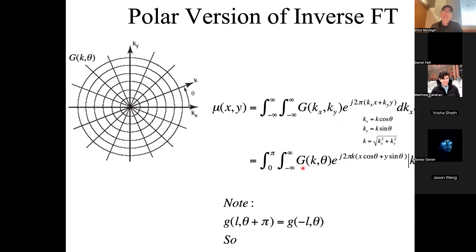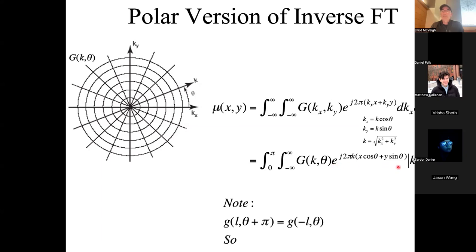So remember, g(l, theta) just gave us these lines across here. And so these are, for a specific theta, you just let k get bigger and it takes you up a line like this. So this is the polar representation of the Fourier transform of our object, and it is directly from the data that we have obtained. Okay?